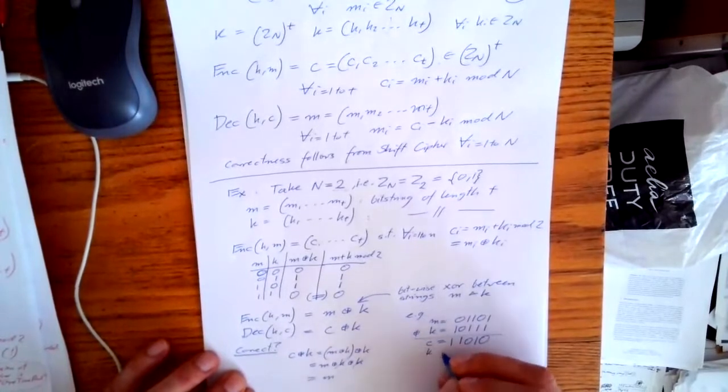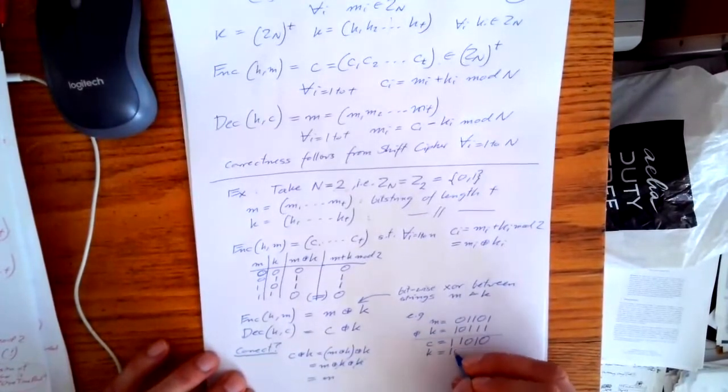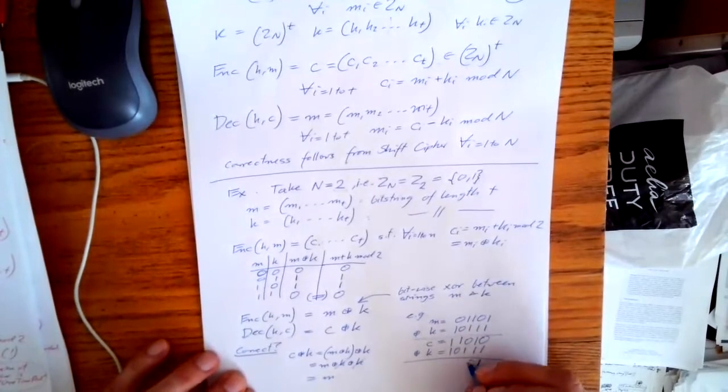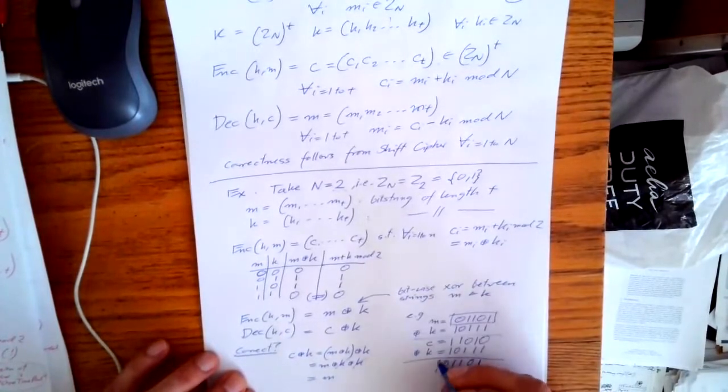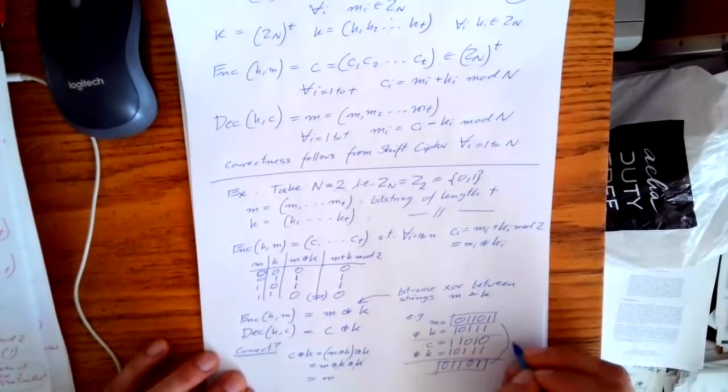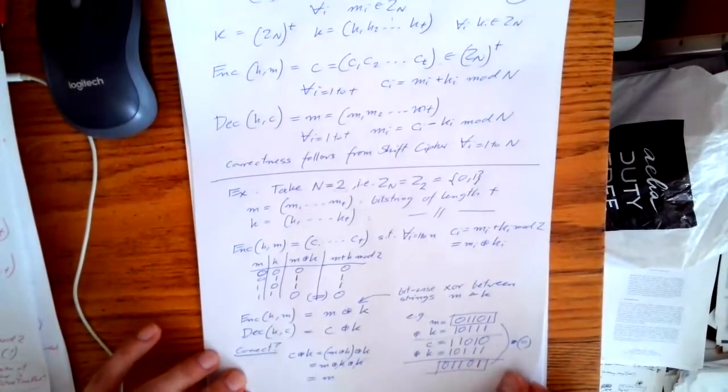Okay, so let's decrypt. I use the same key, 10111, and I XOR to decrypt. And what do I get? 1 XOR 1 is 0, 1 XOR 0 is 1, 1 XOR 1 is 0. And beautiful, I have the same string, right?